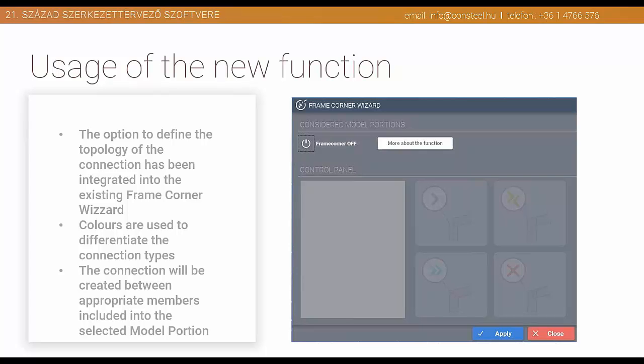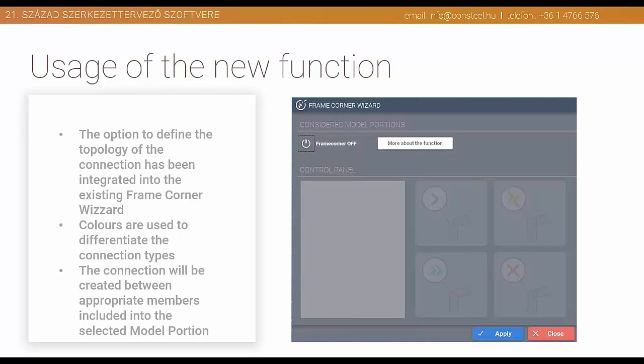Now we extend the functionality of this wizard, and we can define all three new types of connections in addition to the existing old type of connection. In order to make it possible to use different types of connections within the same model, we use the already known model portions for grouping.